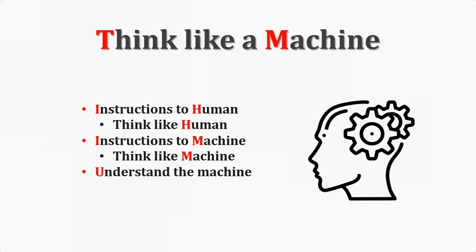Since our birth, we used to think like humans and we used to communicate with human beings in our regional languages or any other languages so that the other person will understand. In the same manner, to understand the machine, first we need to know how it will take the data.